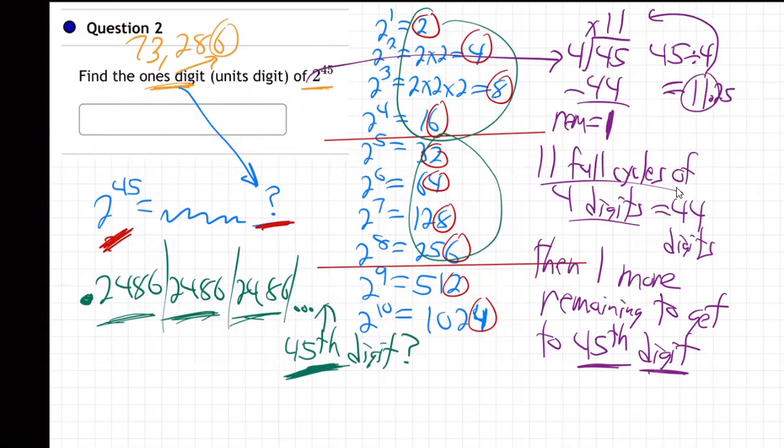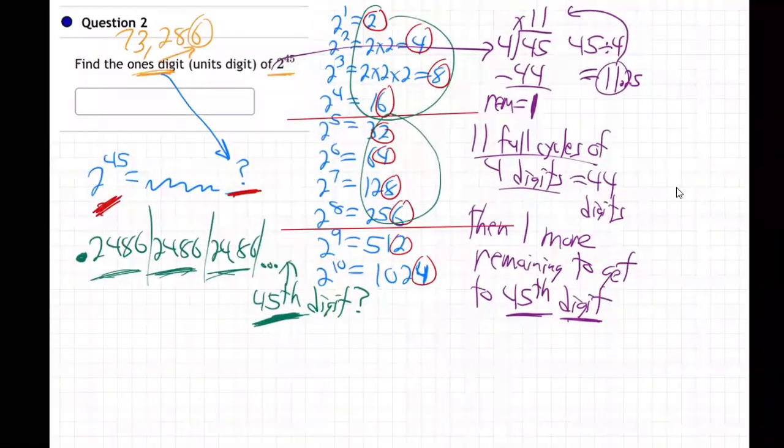So that means what's my answer then? Two. Exactly. Does everybody see that? Everybody get that? Because there's 1 more remaining.